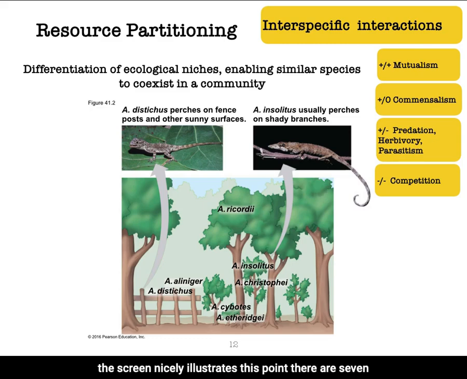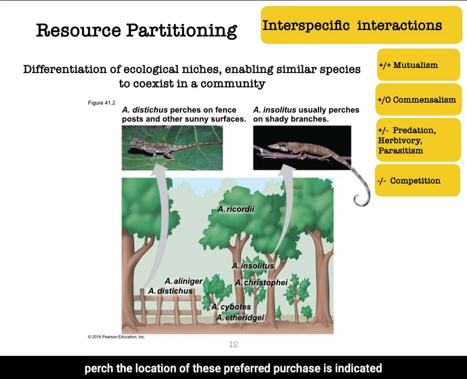The figure on the screen nicely illustrates this point. There are 7 species of Anole lizards that live in close proximity to one another in the Dominican Republic. They all feed on insects and other small arthropods, but they partition the niche by each having a different preferred perch.